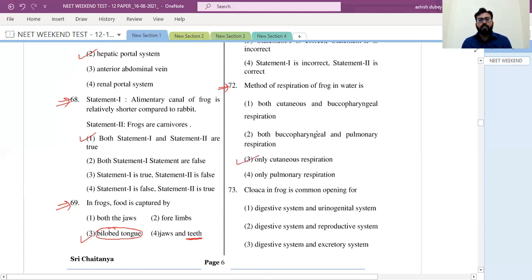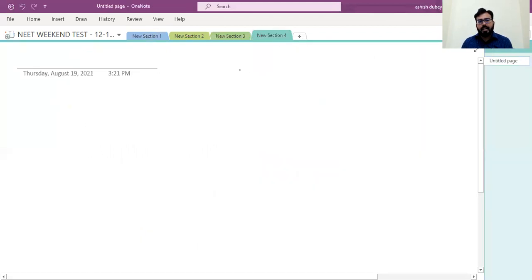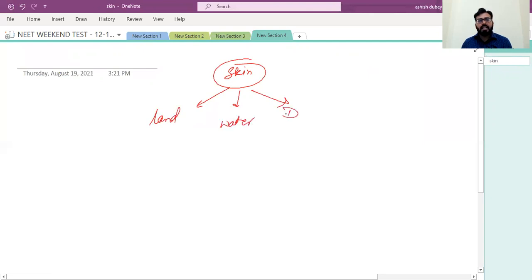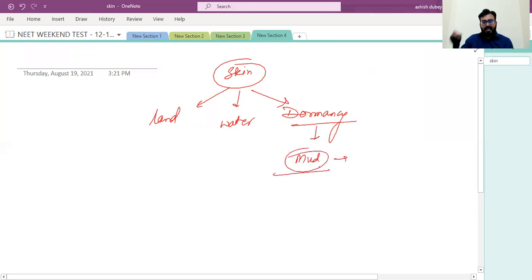And see, there is a very interesting point over here, that skin is the only respiratory surface, respiratory membrane, which is helping the frog to respire when it is on land, when it is in water, and when it is in dormancy. Dormancy means hibernation and aestivation, because it is burying itself in the mud.